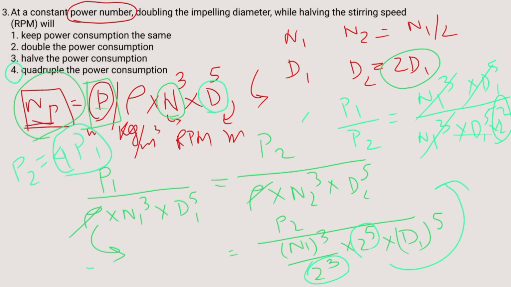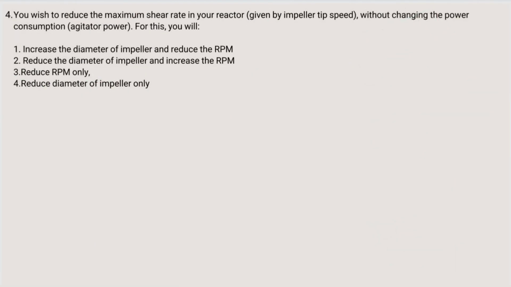So power consumption will be higher in that case if you are modulating the speed and the diameter in such a way. Next, reduce the maximum shear rate in your reactor via the impeller tip speed. To do this kind of question, you just have to memorize some equations.